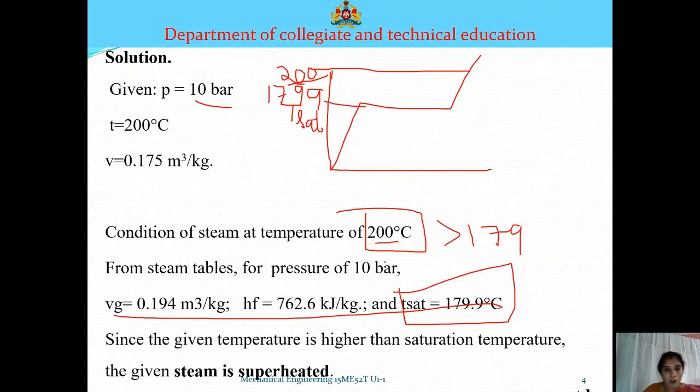Therefore, the condition of the steam is superheated steam. Since the given temperature of the steam is higher than the saturation temperature, the given steam is superheated.